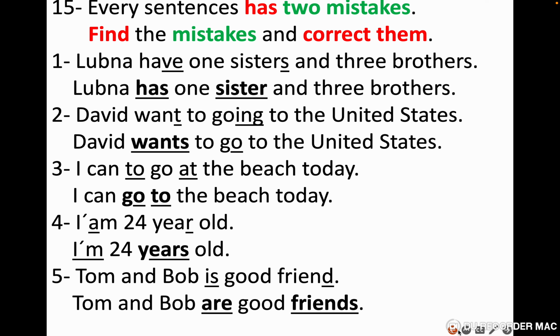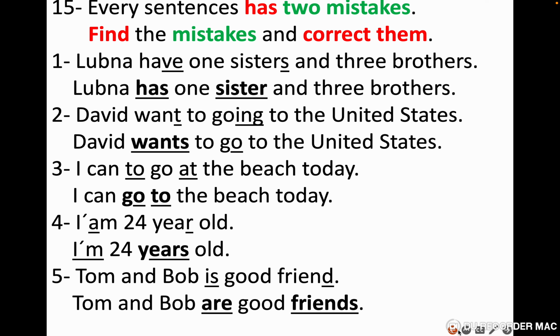When we say Lubna, we don't say have, we say has, because she has. I have, you have, he has, she has, it has. So Lubna means she, a girl or a woman. So Lubna has 1 sister and 3 brothers. So the 2 mistakes are have and sisters.